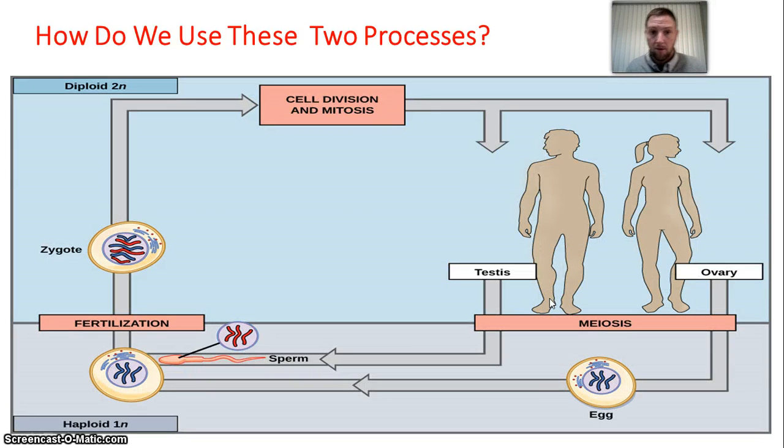So here it is kind of blown up. While you're an adult, once you're fertilized from the zygote stage forward, we'll talk about that in lesson 3, okay? You're growing and developing, and that happens through cell division and mitosis.